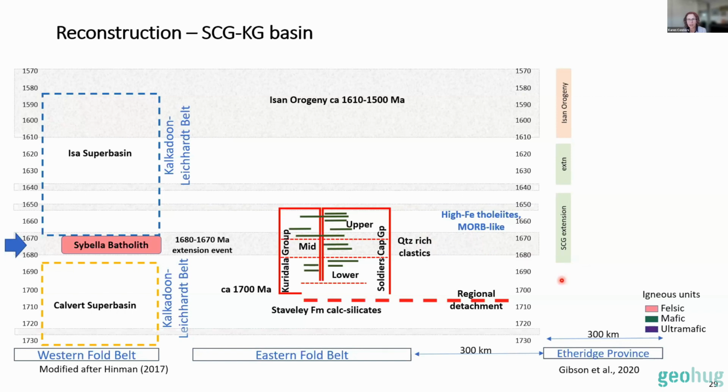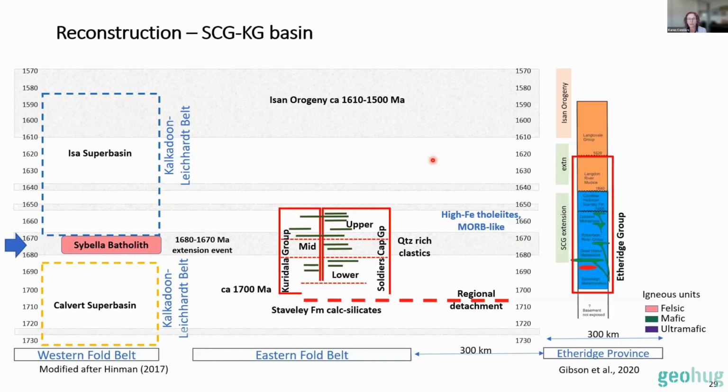Now, it's interesting, because that matches exactly with what we see in the Etheridge Group to the east in the Georgetown Etheridge area. We have those high iron tholeiites, similar composition, similar age, intruding a package that's broadly similar.